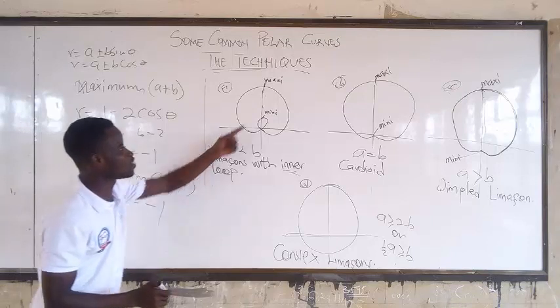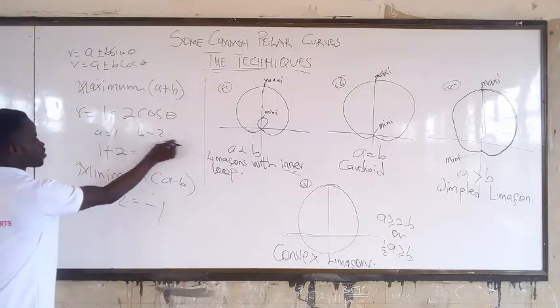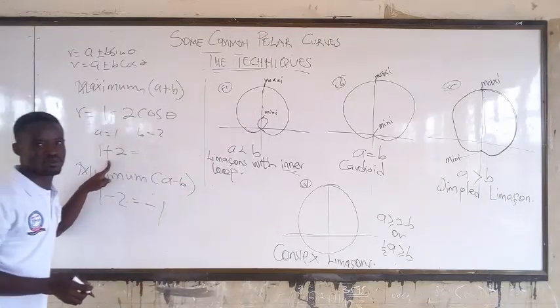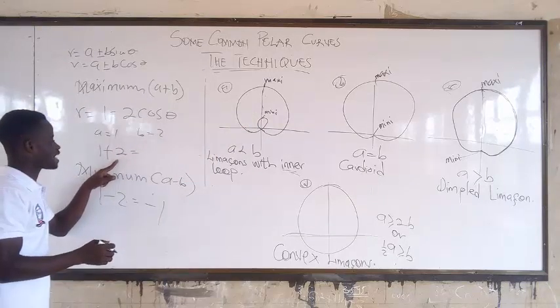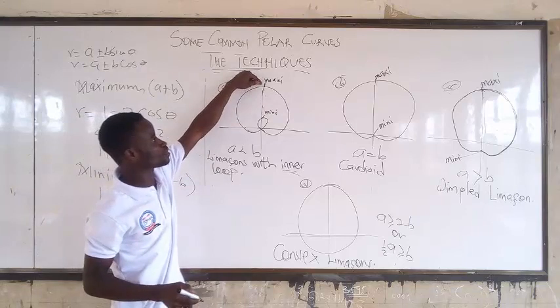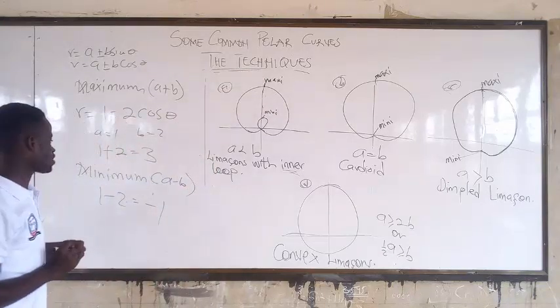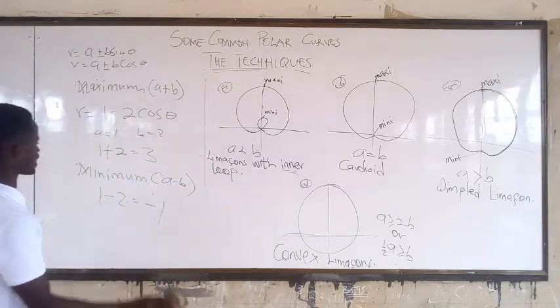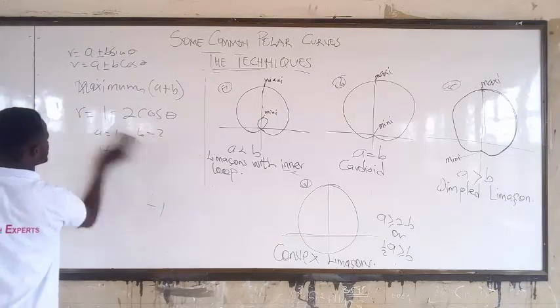So that means that the minimum will be here. So the maximum is plus. So 1 plus 2 is 3. That means that here is going to be 3. So the maximum will be 3. I hope you love it. Alright, that's how you do it. Just simple.